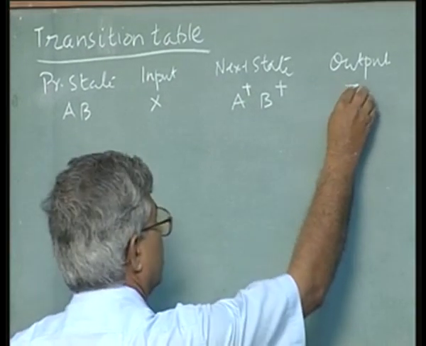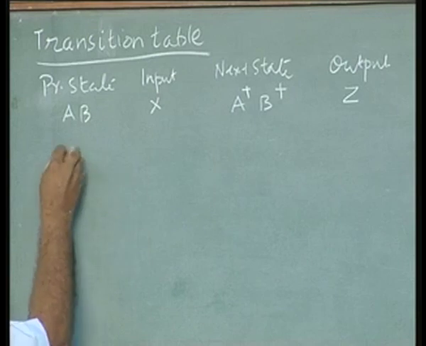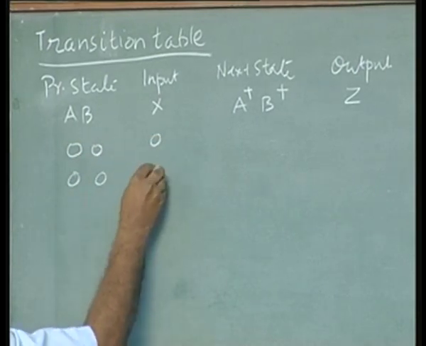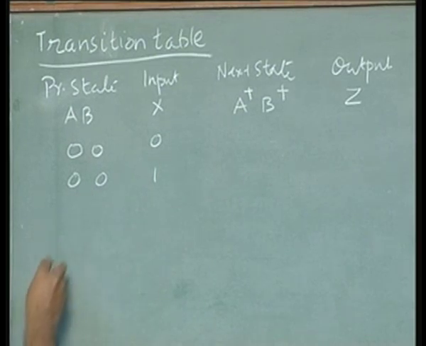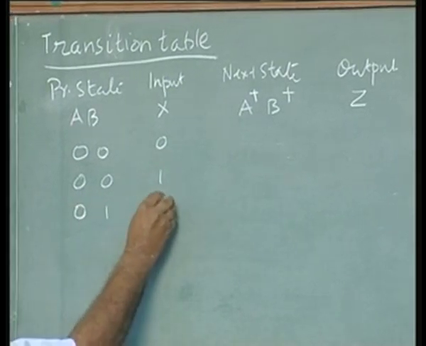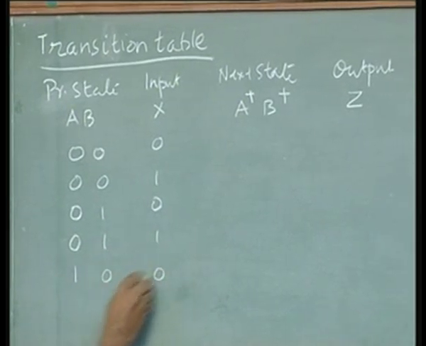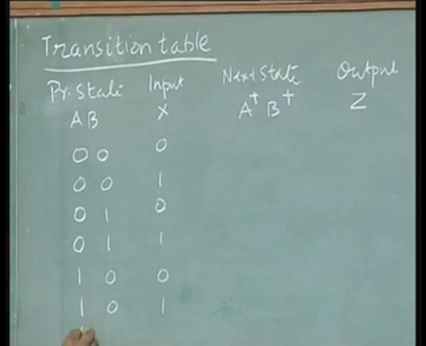Output is Z. So, now the present state is 00 with input 0, 00 with input 1, 01 with 0, 01 with 1, 10 with 0, 10 with 1, 11 with 0, 11 with 1.